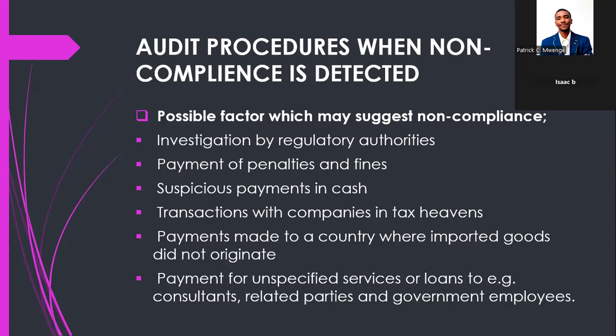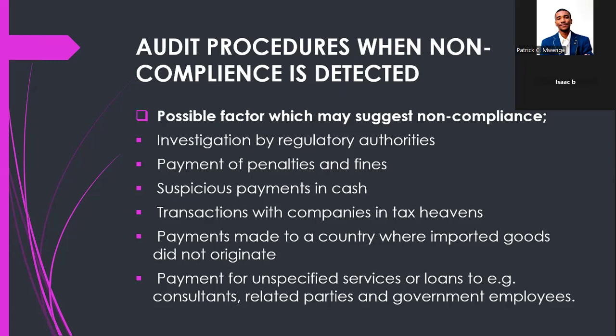So the client's business is maybe, let me see, a restaurant, then the Ministry of Health, or let me say the health department of council, is carrying out an investigation. So we can know that these people are not very compliant to rules and regulations.